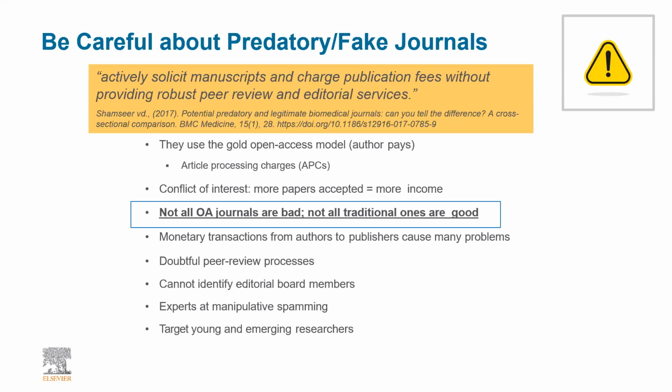So we have two databases here: the Scopus platform, and another platform which is Web of Science, based on Clarivate. These two databases include all the journals that are indexed in them.